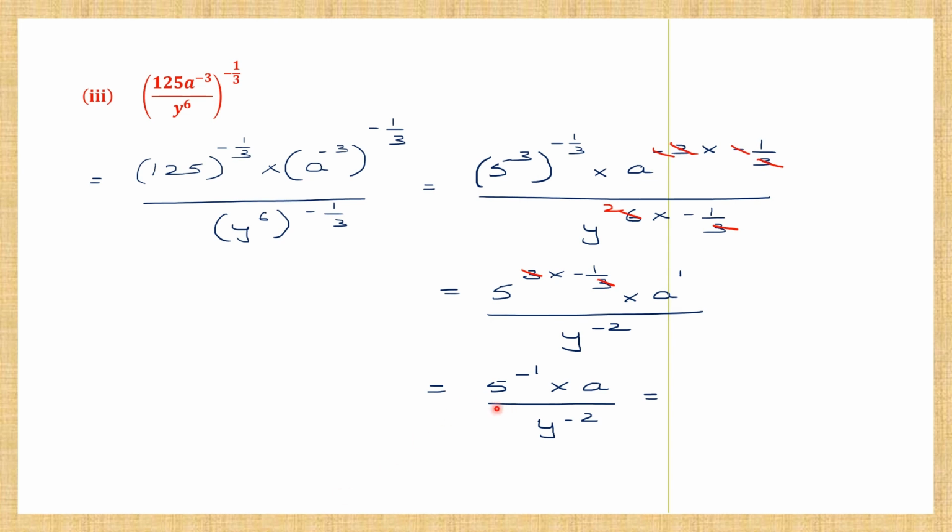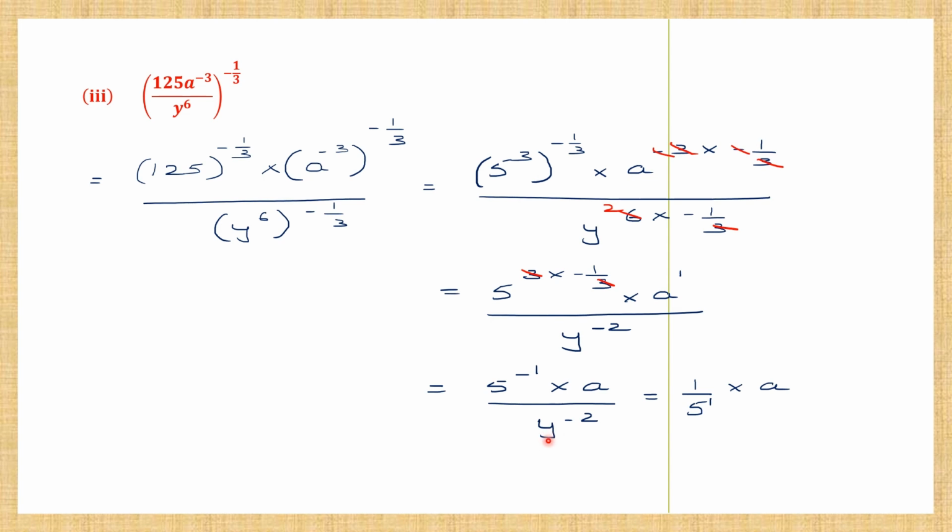Now, if I have to change 5 raised to the power of minus 1, if I have to change this minus 1 to positive, I have to write the reciprocal. So let me write that. So that becomes 1 by 5 raised to the power of 1. Now the power is positive, into a. Now here we have y raised to the power of minus 2. If I have to write this as a positive power, I have to write the reciprocal.